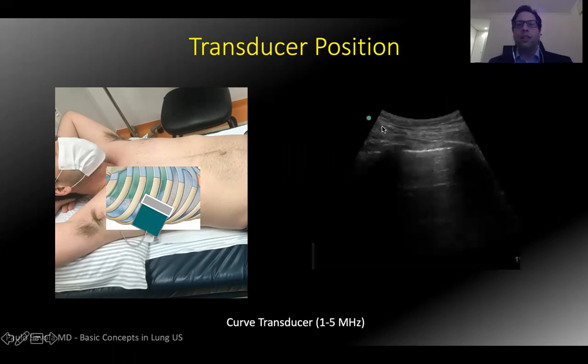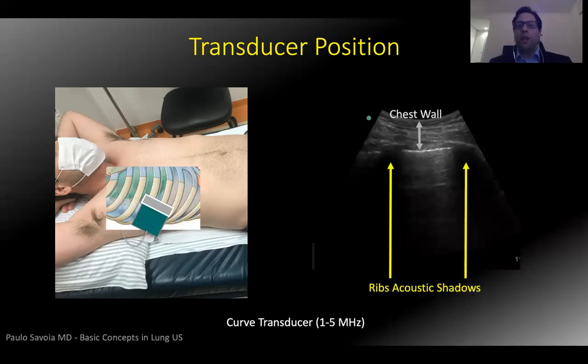This is the basic image of lung ultrasound that you have to search for. In this image, we have the chest wall, the rib acoustic shadows, and the pleural line, which is this hyperechoic line that will be sliding with respiration. This is the basic image that we have with the curved, low frequency transducer.